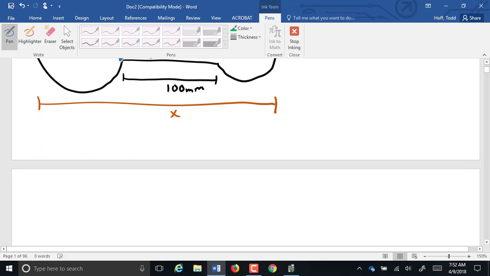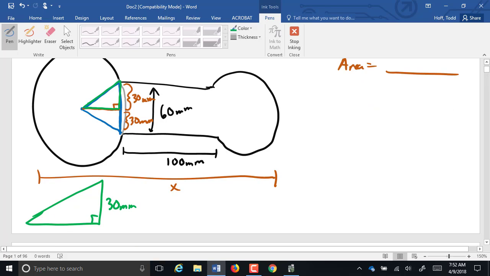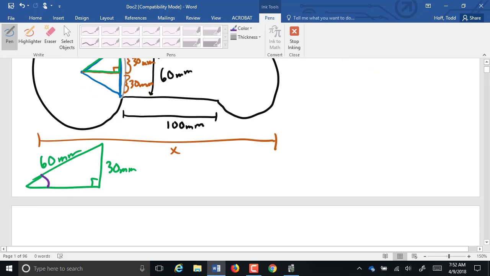That triangle is 30 millimeters here and 90 degrees, and then across here is 60, right? So we can find that angle. And we can find, I'm going to call that little a down there. Find them.